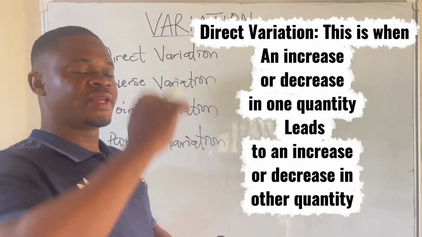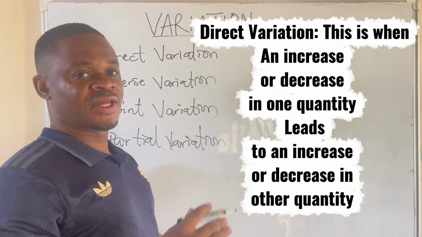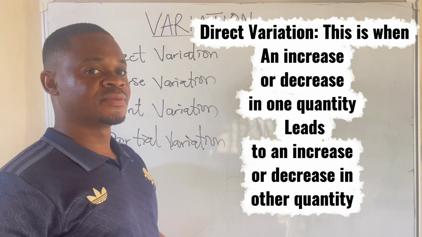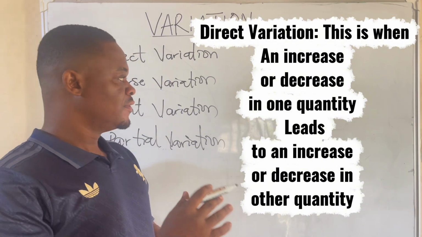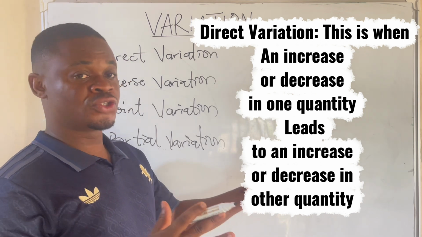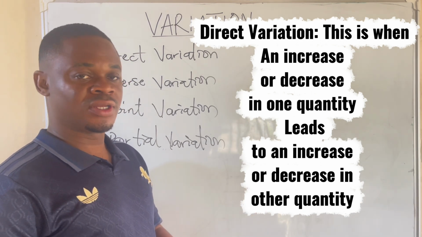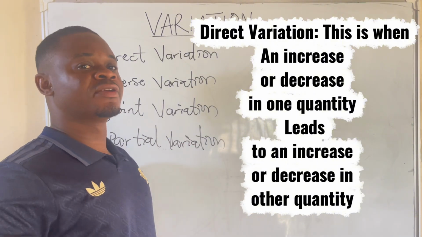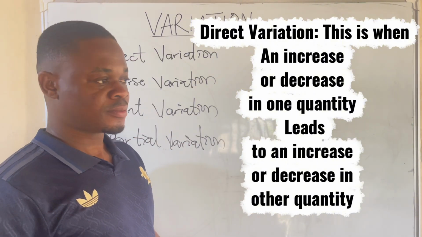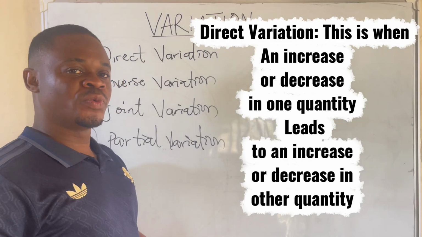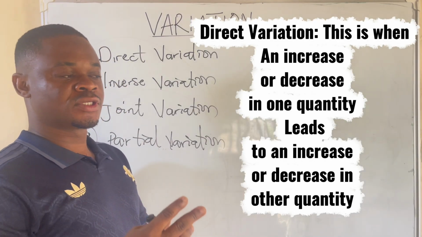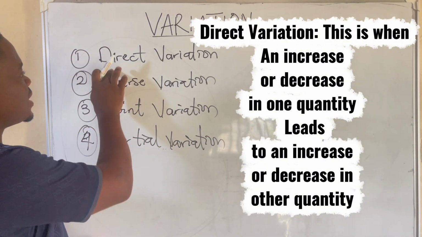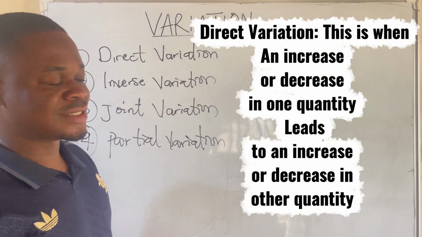If you also increase the radius of that circle, it means that the size of the circumference will also increase. So in that case, the variation of these two quantities is direct, because an increase in one quantity leads to an increase in the other quantity. Or a situation where when a quantity doubles, it also leads to the doubling of the other quantity. In such a case, we say that that variation is direct.